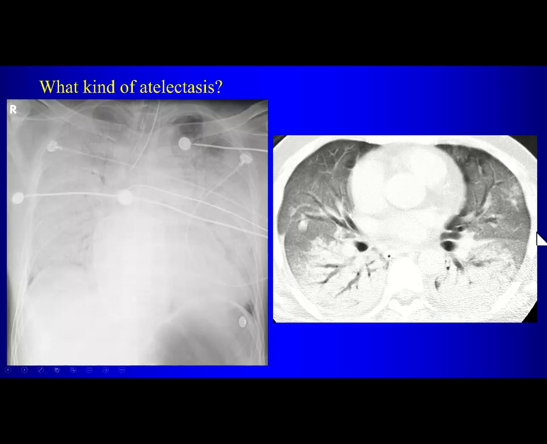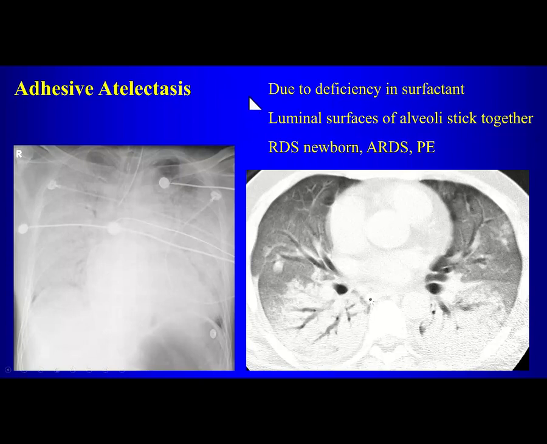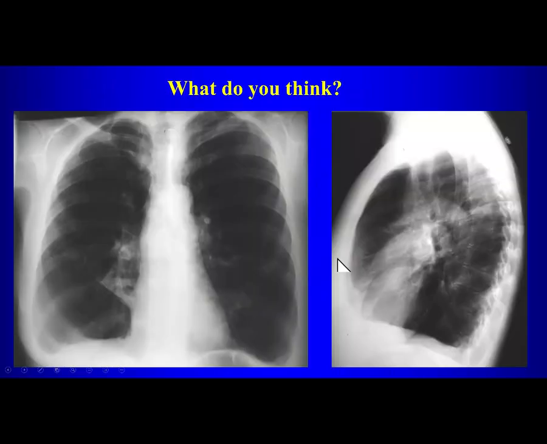So that gravitational gradient helps you to say that this is a case of ARDS, and the opacities that we see here represent the lung collapsing on itself under its own weight because of the consolidation within the lung. Okay, so that's adhesive atelectasis from deficiency in surfactant. Right? So those are the different types of atelectasis.